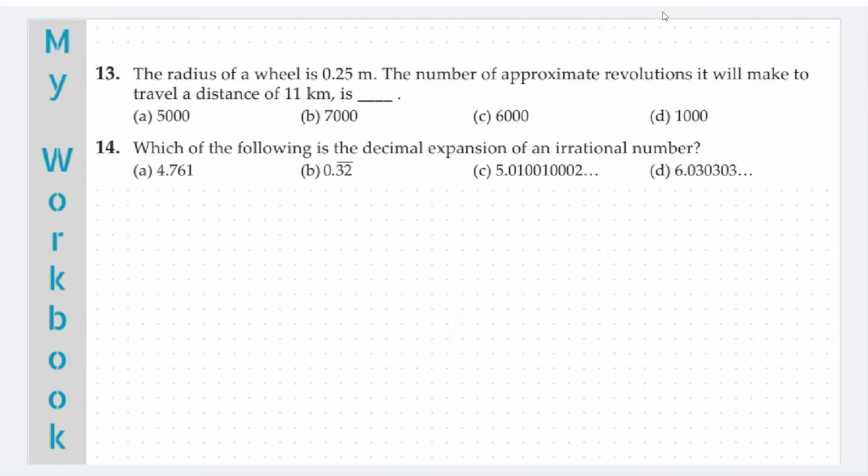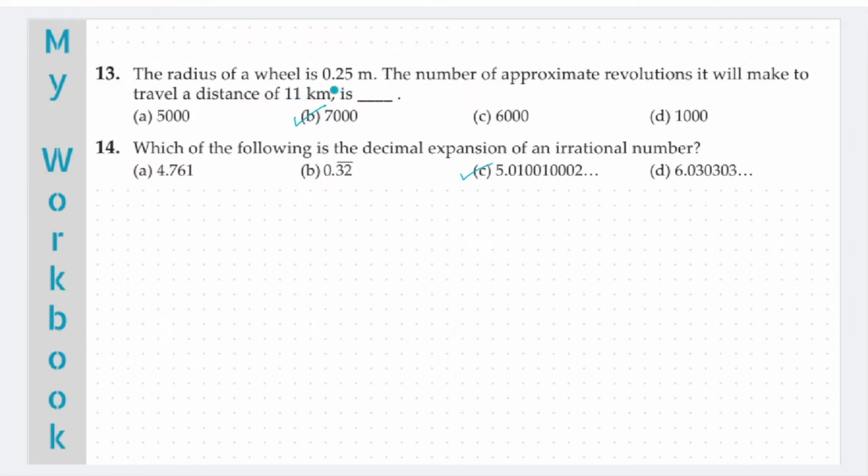For question number 13, the correct answer is option B, 7,000. And for question 14, the correct option is option C, 5.01010002, and so on.